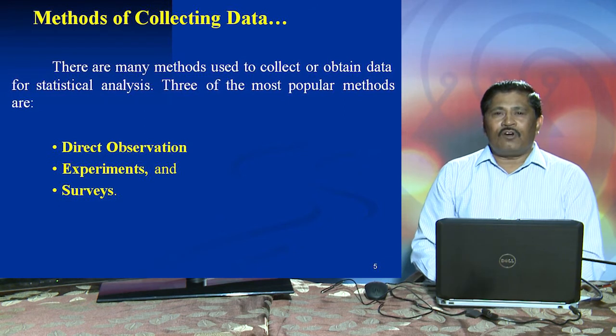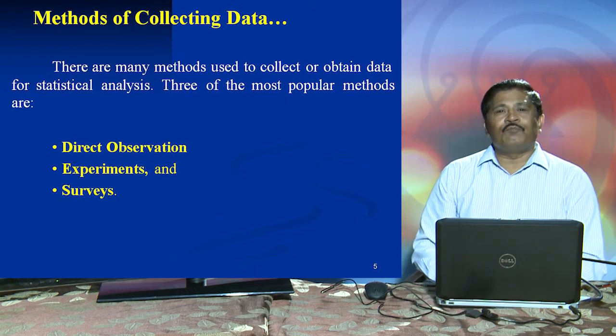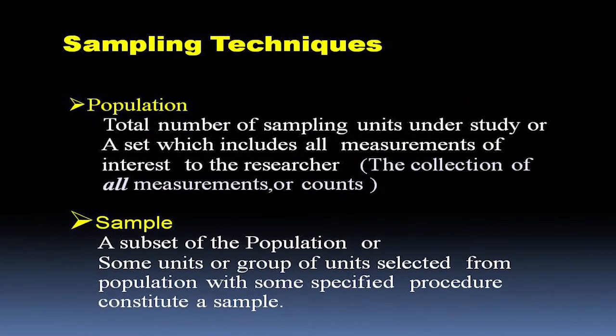So when we talk of sampling, there are two very important words: population and sample. You have to remember these two words. What is meant by population and what is meant by sample. So what is population? Population is nothing but the total number of units under study. Population for a research student can be different for each and every problem, right?